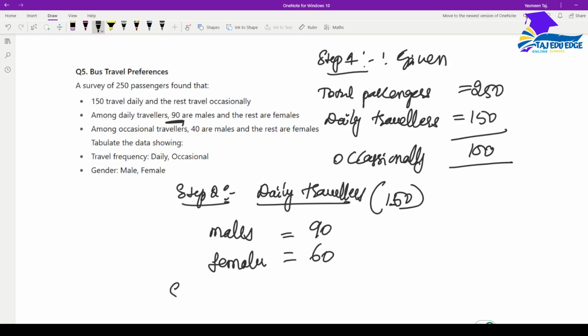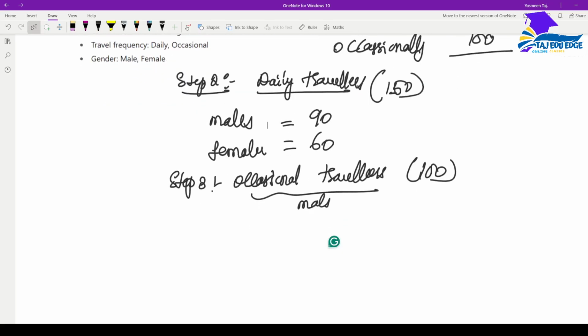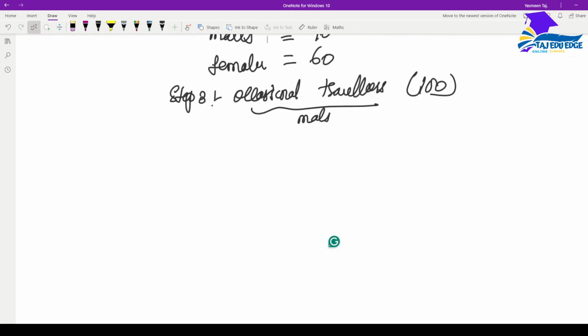Next, step 3, occasional travelers. How many occasional travelers are there? 100. In that, we need to write males and females.